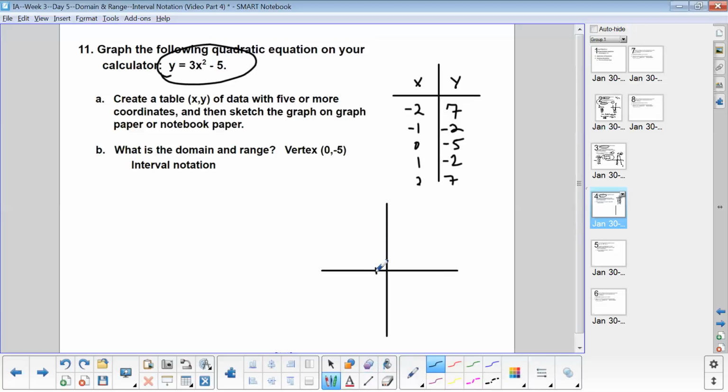And -2, 1, 2, 3, 4, 5, 6, 7. So there's -2, 7. There's -1, 2. There's 0, 1, 2, 3, 4, 5. There's 0, -5. And here's 1, -2.